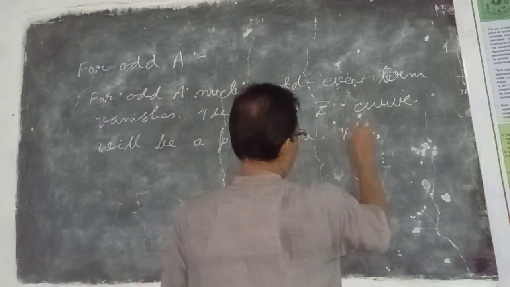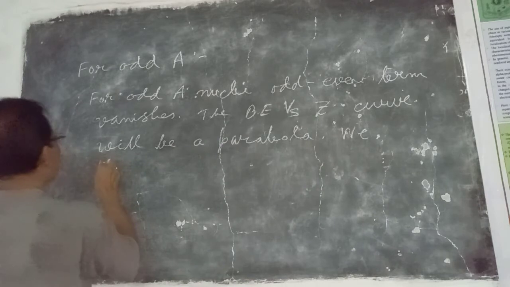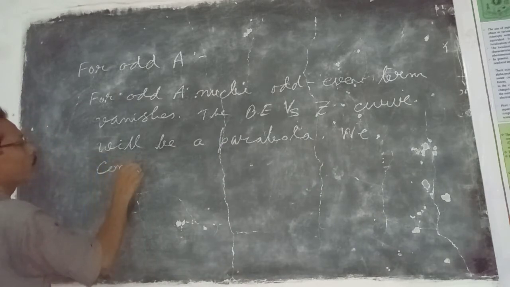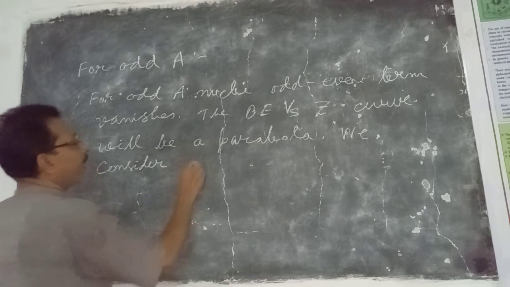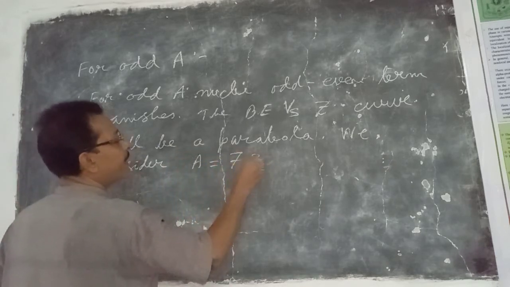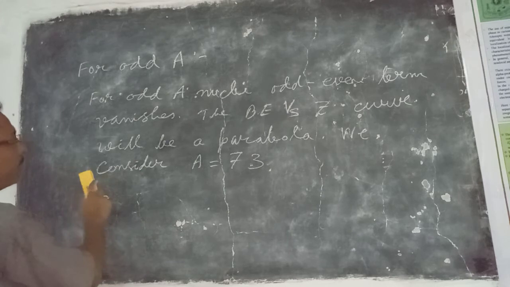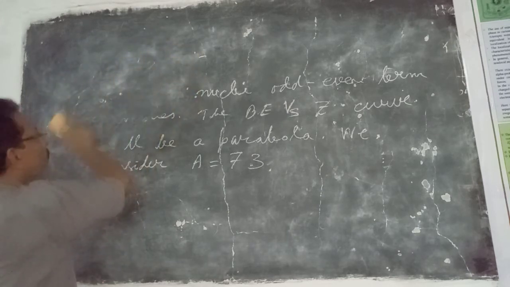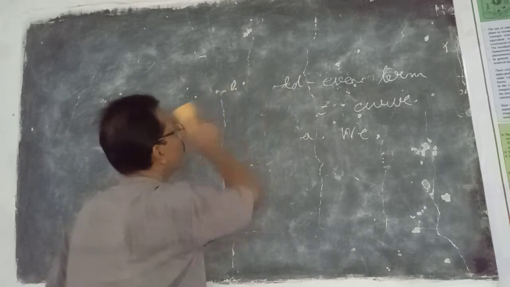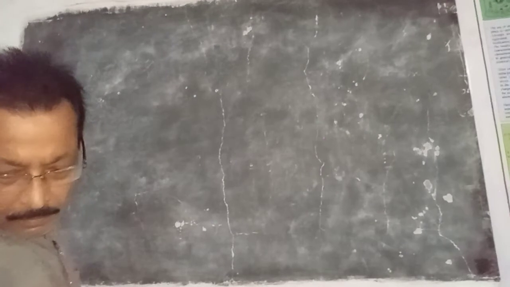Now, we consider the value of A. Suppose A is equal to 73, an odd nucleus, and then if we plot the graph, what do we find?